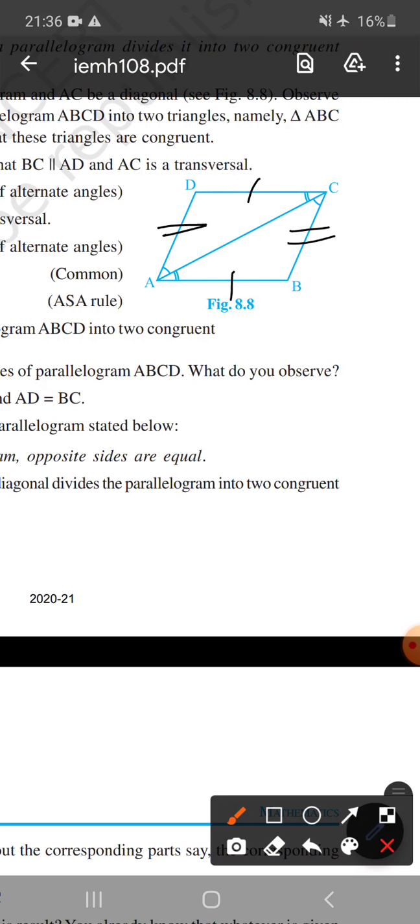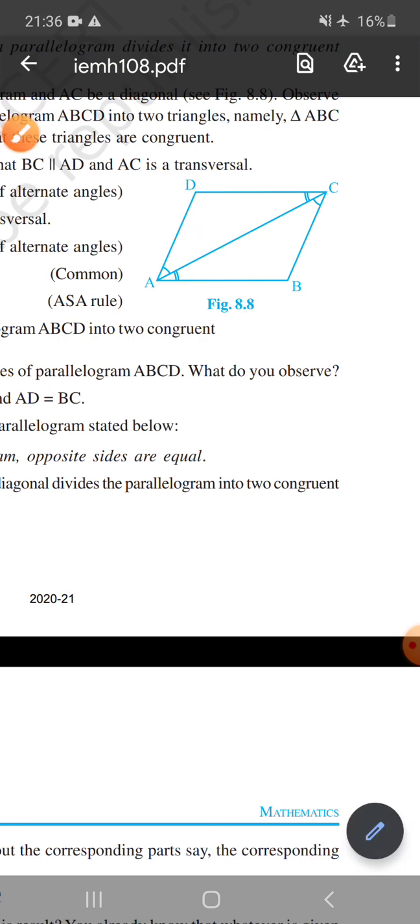So this thing we have proved. The basic property for a quadrilateral to be a parallelogram is that opposite sides must be parallel. These are the properties that we are proving right now, that opposite sides are also equal, right?